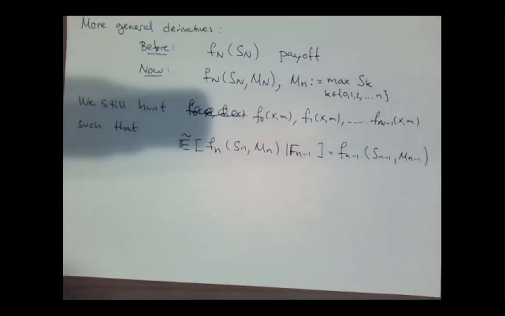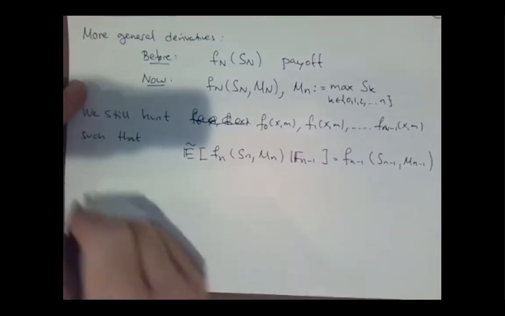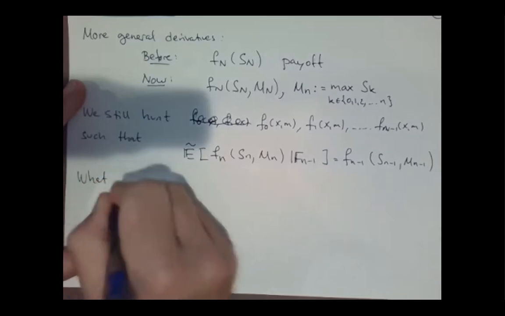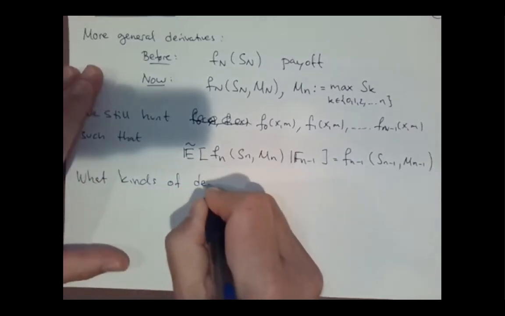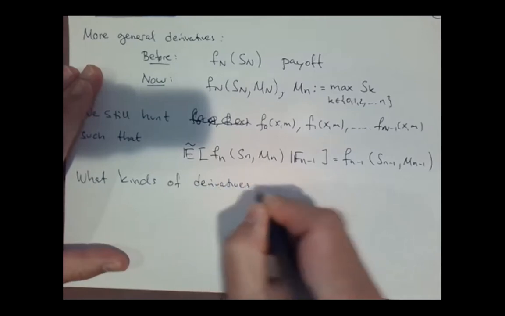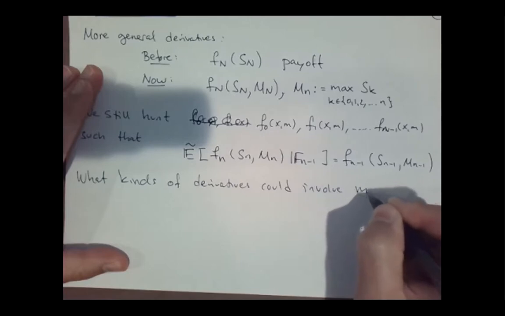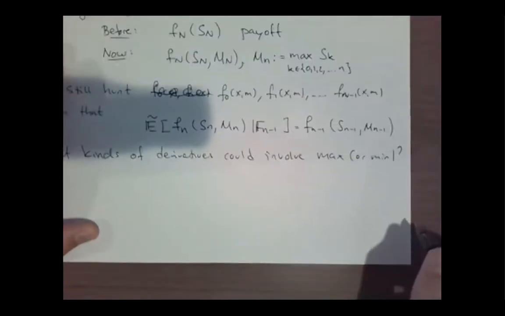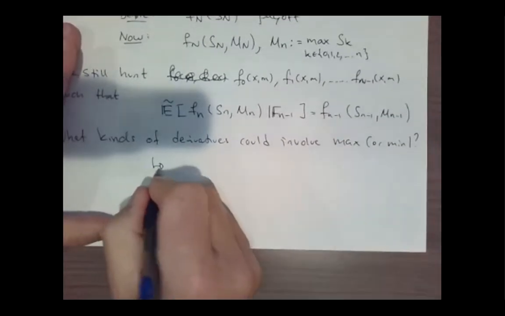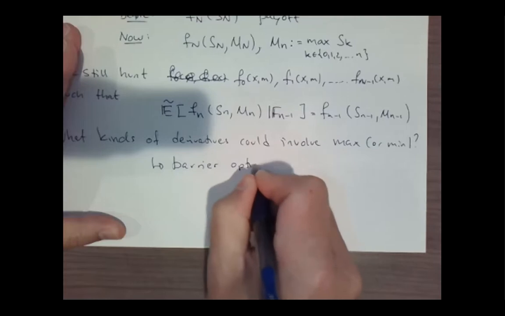So is this relevant in the finance world? Well, if you think about what kinds of derivatives could involve max or min, the main example of these things is what's called barrier options.